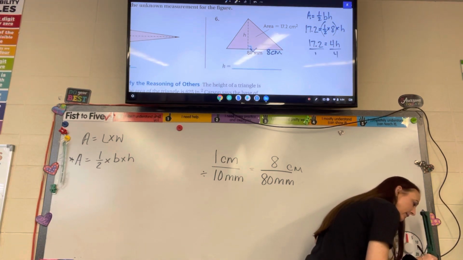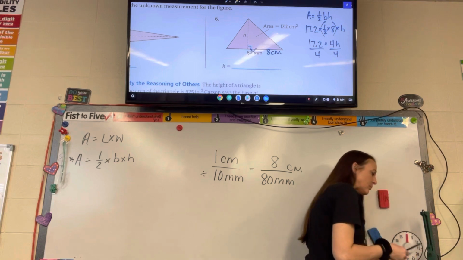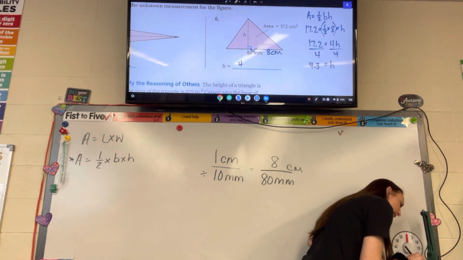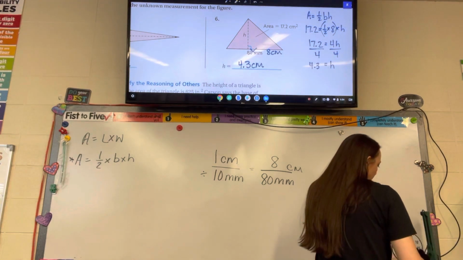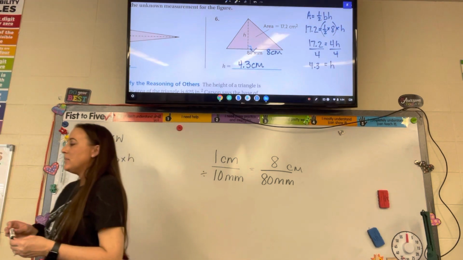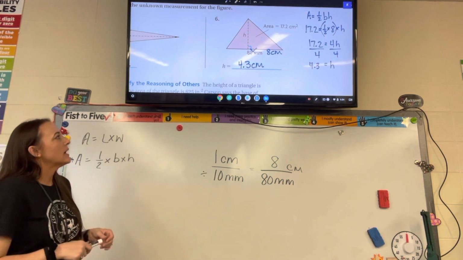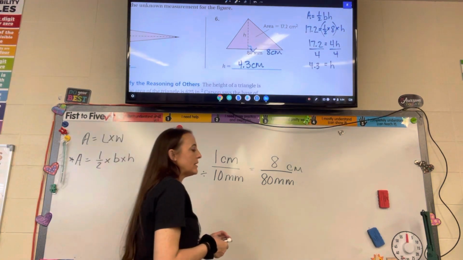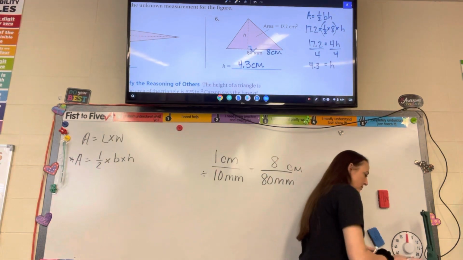So on your calculators, type in 17.2 divided by 4. 4.3. The height is 4.3 centimeters. Since we converted that millimeter to centimeters, and our area is in centimeters squared, we know our answer is also in centimeters.